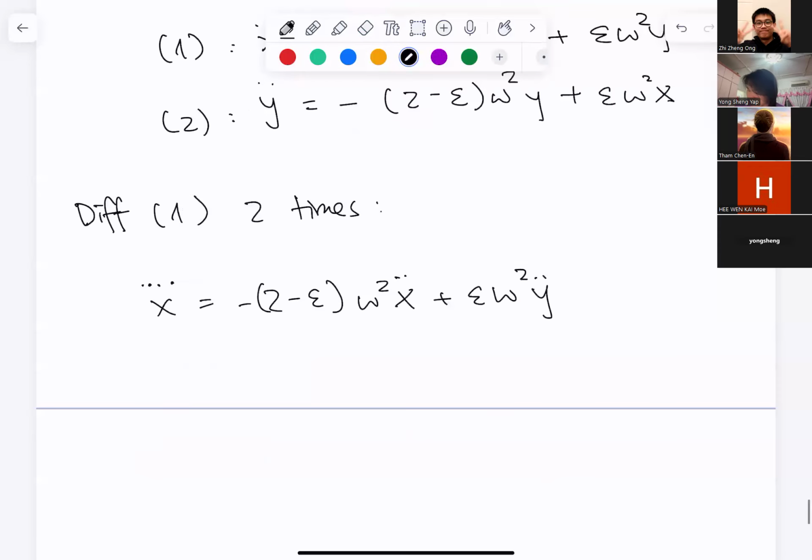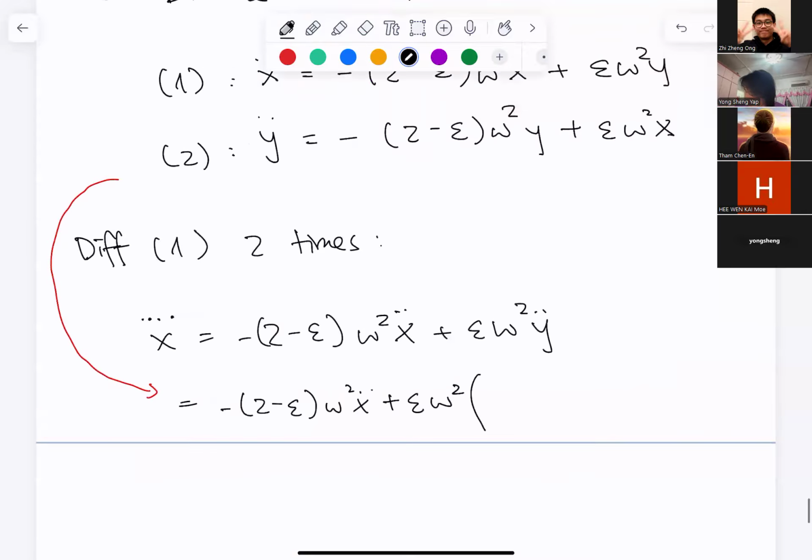And then you can now substitute in 2 to get negative 2 minus epsilon omega squared x double dot. Again, this is really brainless maths. And substitute this in to get negative 2 minus epsilon omega squared y plus epsilon omega squared x.